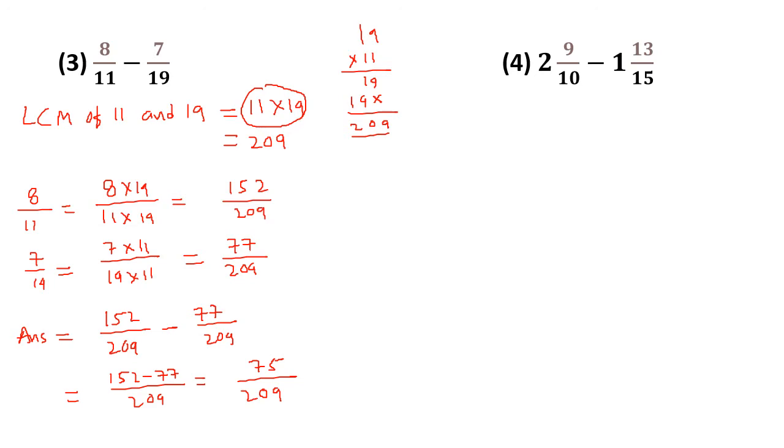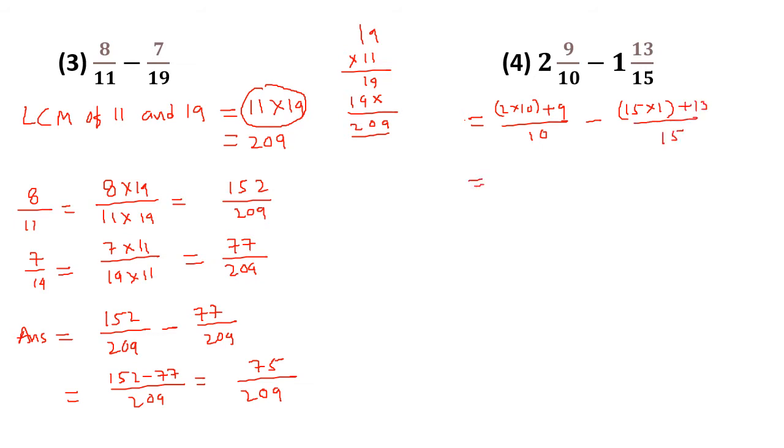Right? So in the case of the second example, that is the fourth example, first of all, I have to convert them into improper fractions. So this will be 2 multiplied by 10 plus 9, denominator is 10 here, 15 multiplied by 1 plus 13, denominator is 15.